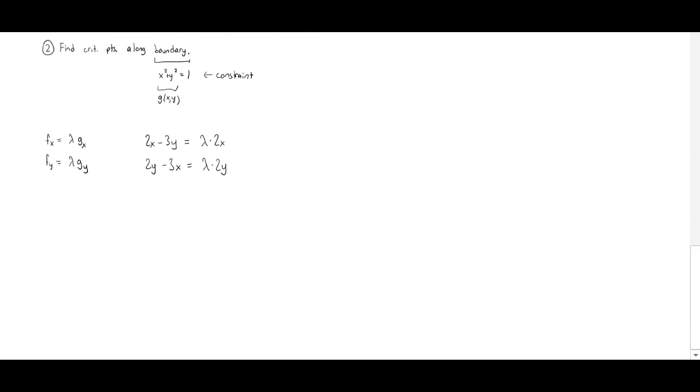All right, so now again, in order to solve the system of equations, I'm going to do something similar to what I did in the previous question. I'll divide by 2x to solve for lambda.